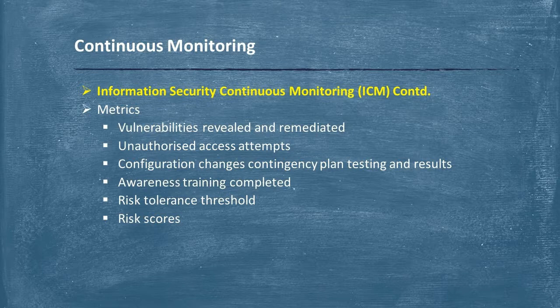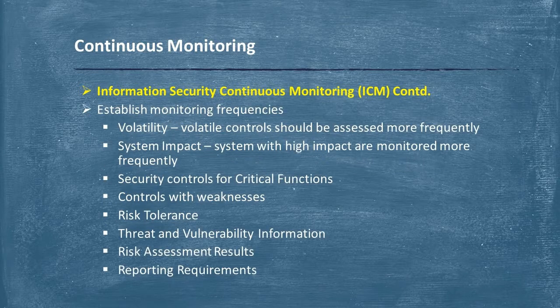Unauthorized access attempts, how many per day unauthorized access attempts are happening, how many configuration changes per day or per month, and contingency plan and testing, how many times we have performed. The metrics give an idea of how the controls are working. Risk tolerance thresholds, and what is the risk score. We take decisions based on the metrics.